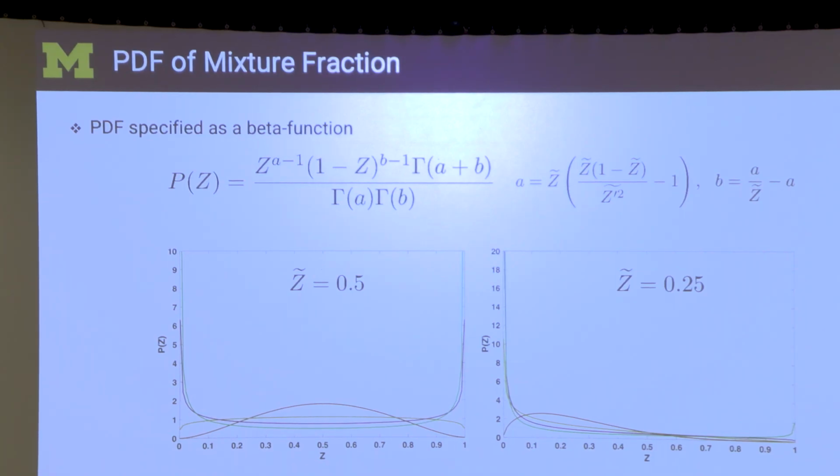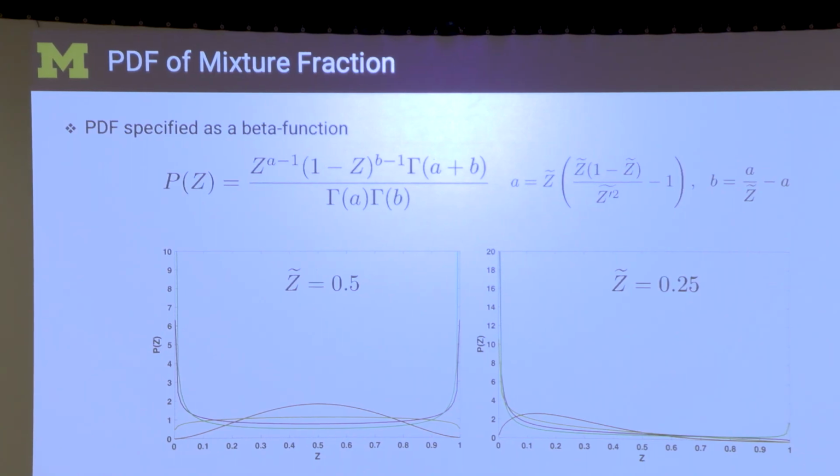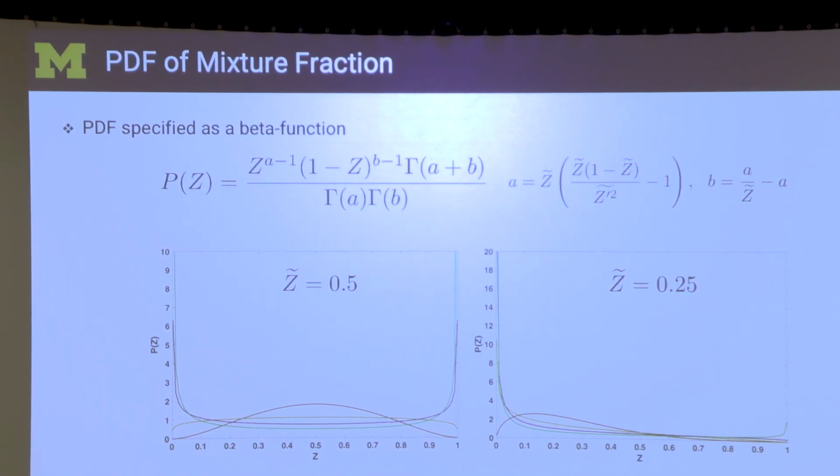The beta function depends on the average value, the Z filtered value, and a second quantity, Z prime squared filtered, with a tilde on top of it. That is called the scalar variance. So you take a box, you take the average, and that gives you Z filter.